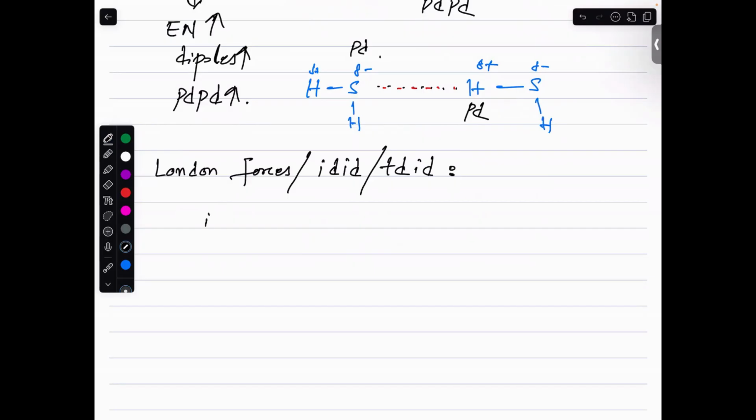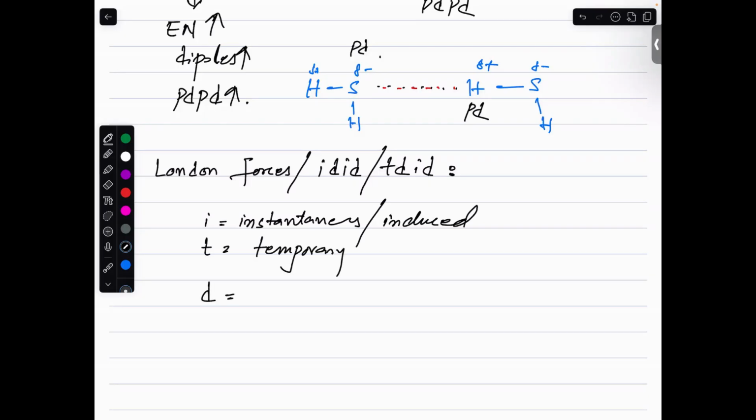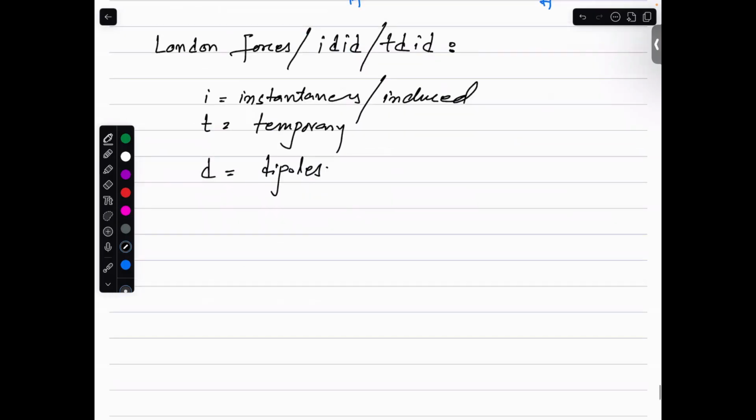The I stands for instantaneous or induced, T stands for temporary, and D stands for dipoles. So these are intermolecular forces between temporary dipoles, when one temporary dipole attracts another temporary dipole.